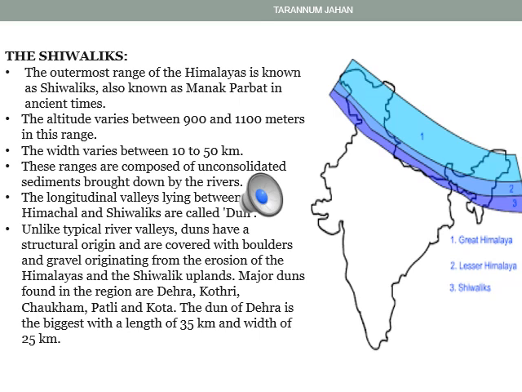The longitudinal valleys lying between the Himachal and Shivaliks are called dhuns. Here we find dhuns like Kotli Dhun, Patli Dhun and Dehradun, all found in the Shivaliks.